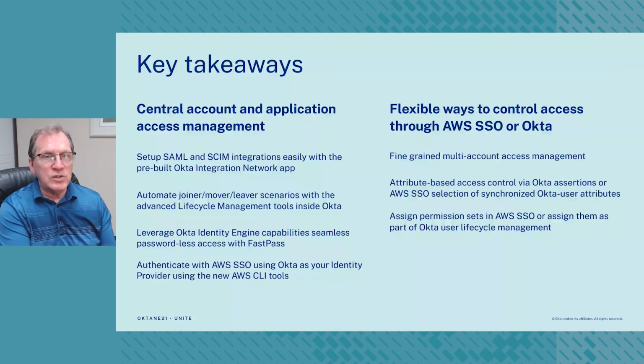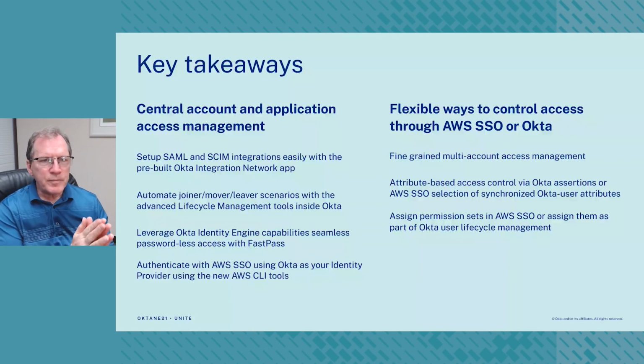You get to take advantage of the automated joiner, mover, leaver scenarios within the lifecycle management of Okta. You can leverage the Okta Identity Engine capabilities, including the seamless passwordless access with FastPass. You can authenticate into AWS SSO using Okta as your identity provider.